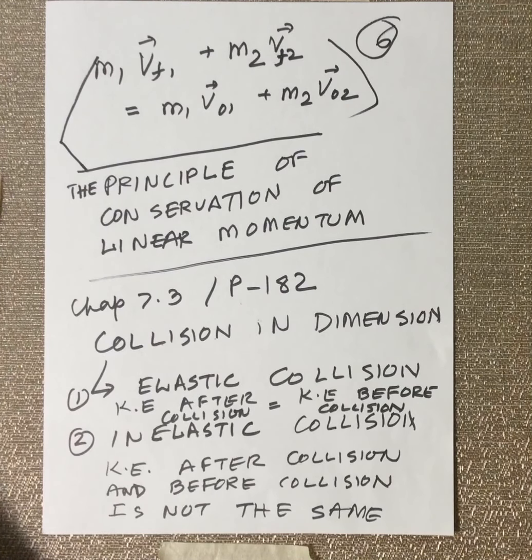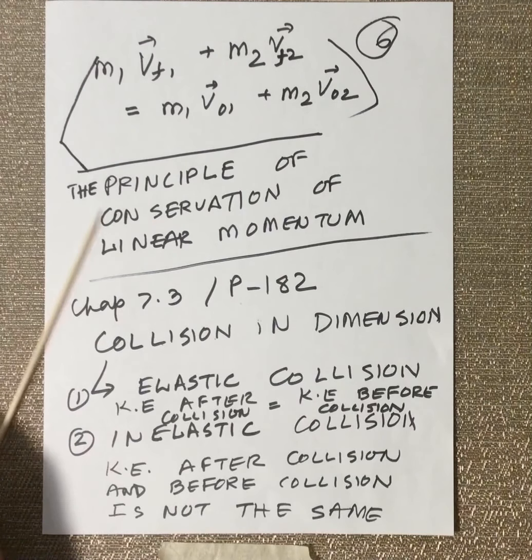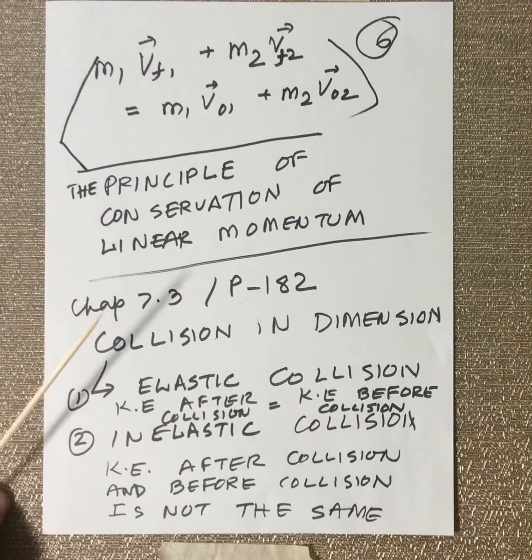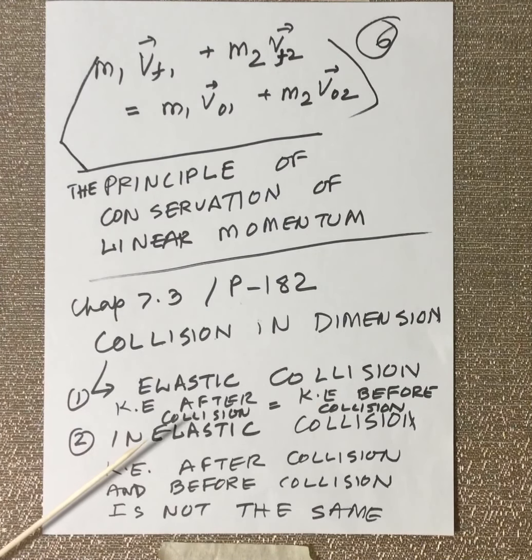Now the next section is about collision in one dimension. Now there are two different types of collision. This type of experiment you will also do in the lab, but you are not doing lab actually, so read the manual.